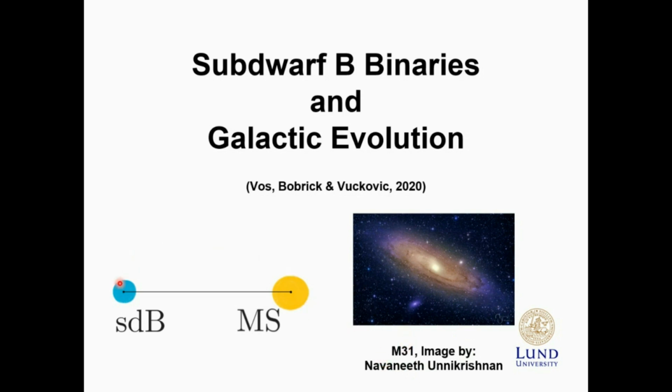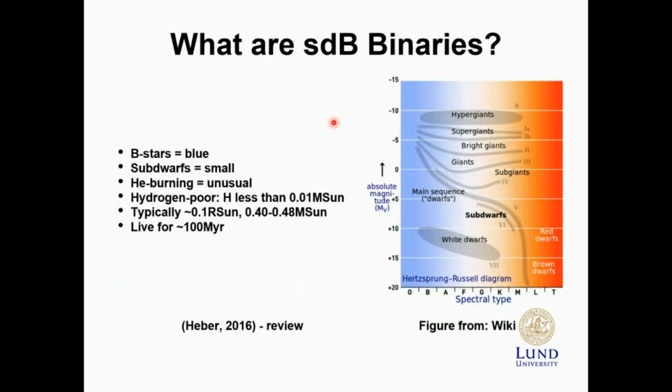On the left, you see a subdwarf B binary, and don't be afraid of the name. I'll explain it in one second. This study is really about the fact that the life and formation of those subdwarf B binaries is very much connected to the life of the galaxy, and that has not been understood until recently. So, subdwarf B stars.